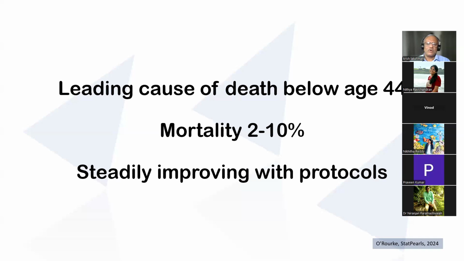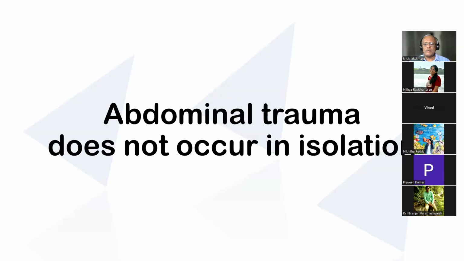I suspect the mortality is very much higher in India, though I don't have solid data to say that. But everywhere, with the laying down and following of protocols, things are improving. The important thing is that all of us must know what these protocols are and what the drill is so that we keep the mortality to a minimum.